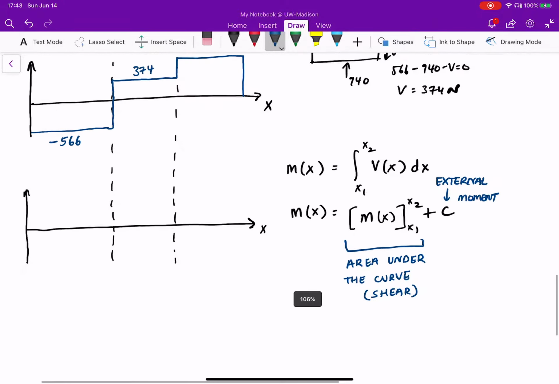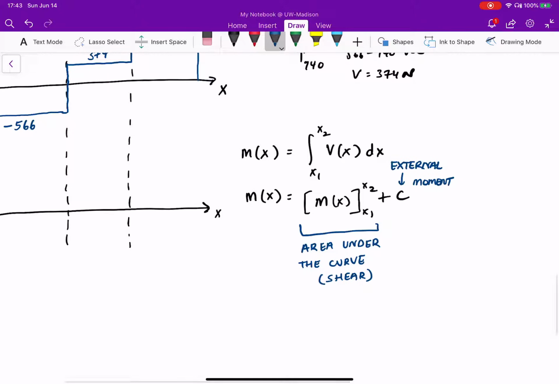And this external moment is, for example, you must have seen beams where you probably add another moment here, right? And what this is going to do is bend the beam in this direction.